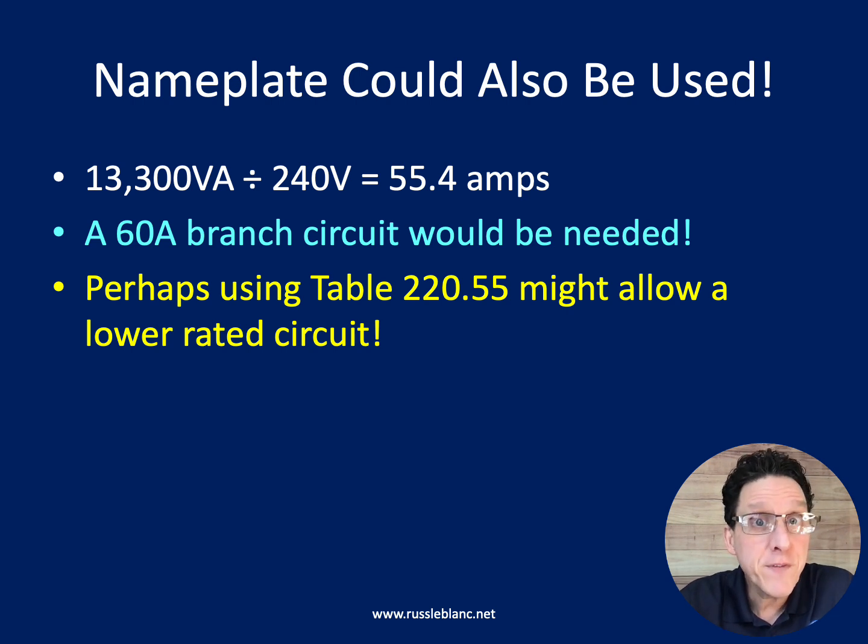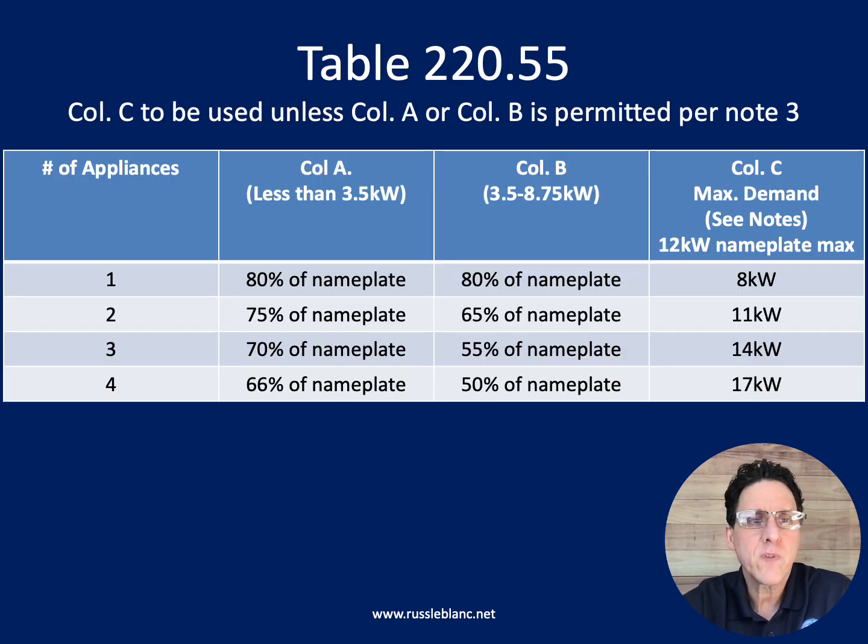Maybe a 40 or 50 amp branch circuit might work, and maybe that's a little easier to deal with, right? Okay, here's my version of Table 220.55. The heading says column C to be used unless column A or B is permitted per Note 3. The first column is the number of appliances.